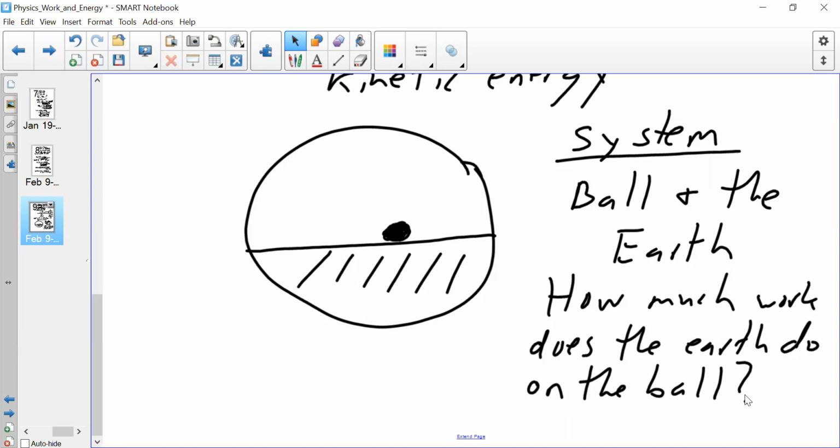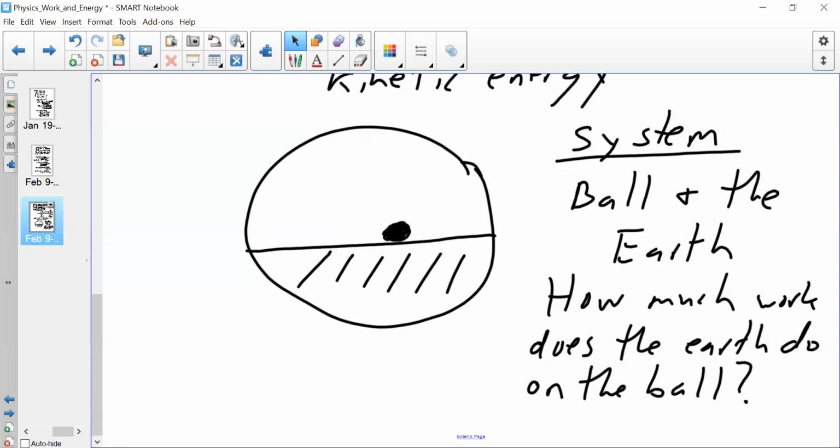Okay. So the ball is at rest. Therefore, how much work is done by the earth? Is there a displacement happening when an object's at rest? No. So, correct. Therefore, how much work is done by the earth on the ball? No work at all, because it's not moving.